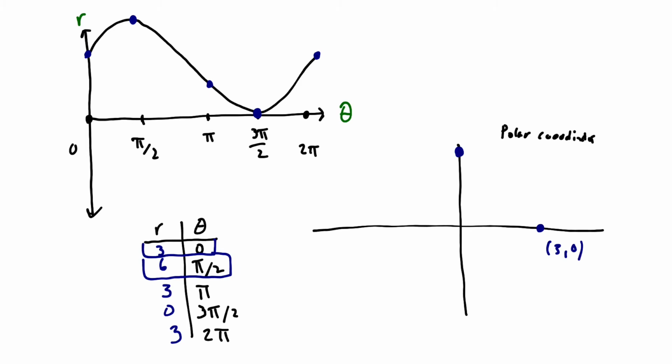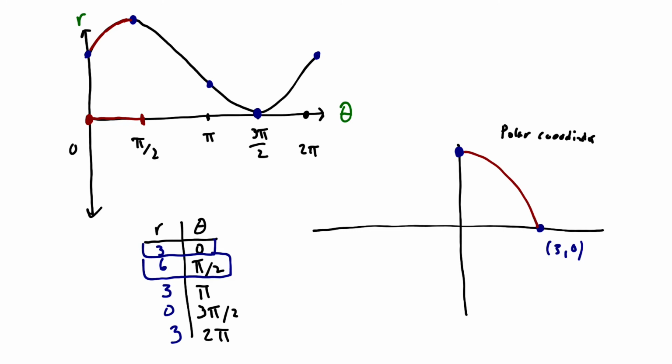And the thing we want to notice is that as our angle increases from 0 to pi divided by 2, then our radius is increasing. So we'll get a line that looks approximately like this. And we'll be using this idea to graph the rest of our function. So let's go ahead and graph the remaining points.